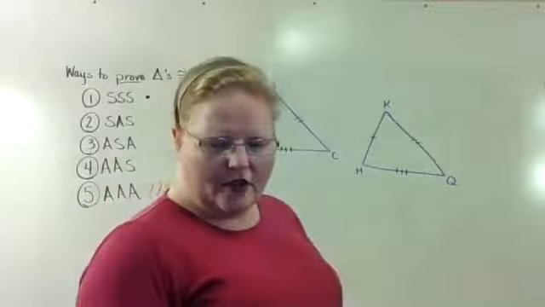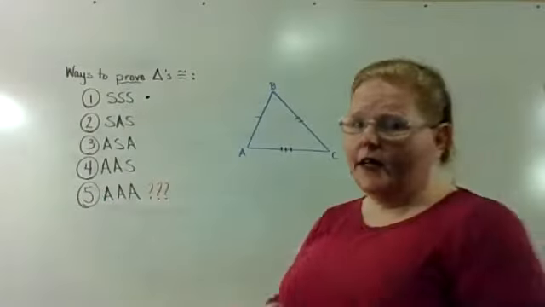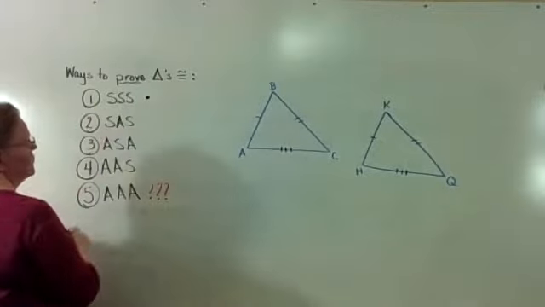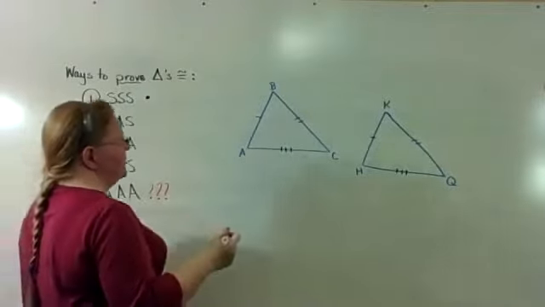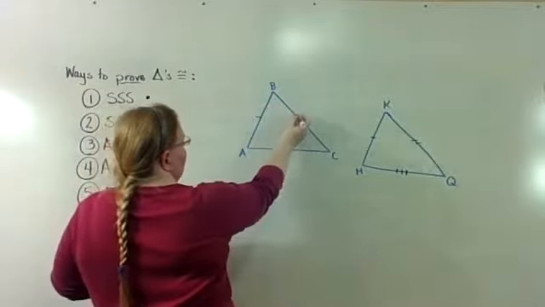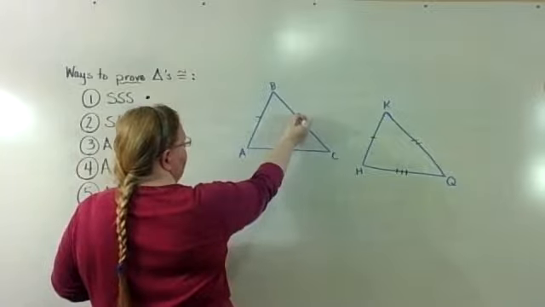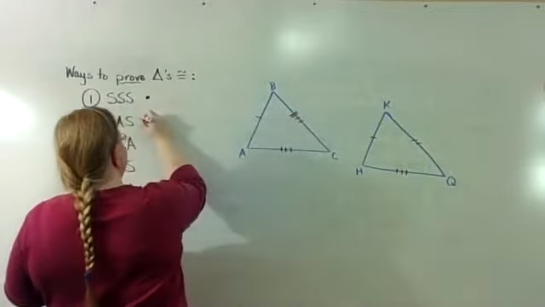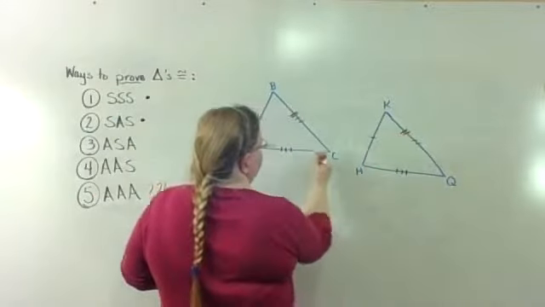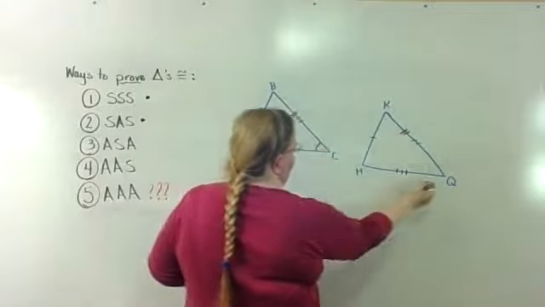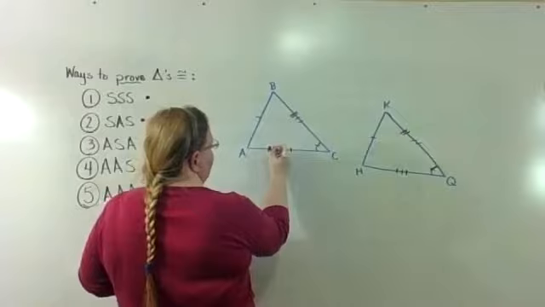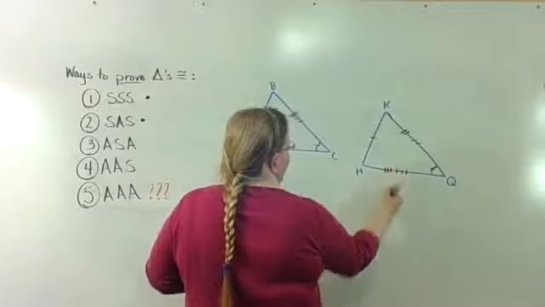Okay? When we're talking about side, angle, side, that means that the angle has to be in between those 2 sides. So if I was talking about side, angle, side, I'd be talking about maybe this side being congruent to that side, this angle being congruent to that angle, and then this side being congruent to this side.